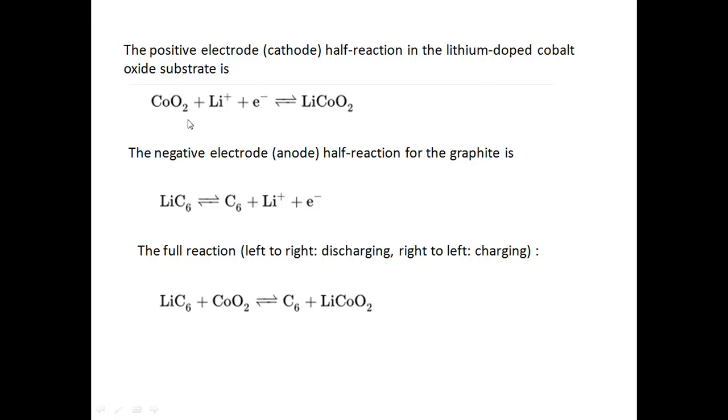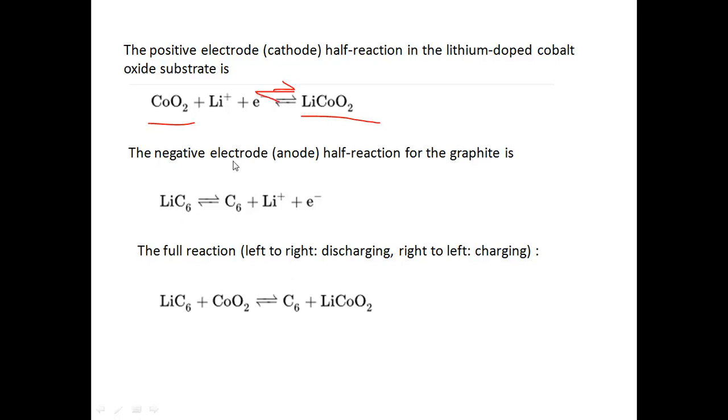At the cathode, the cobalt oxide reacts with the lithium ion and the electron to give a compound lithium cobalt oxide. This is a reversible reaction like charging and discharging.